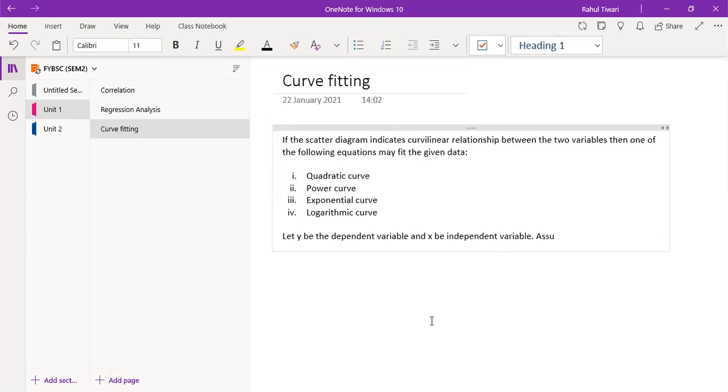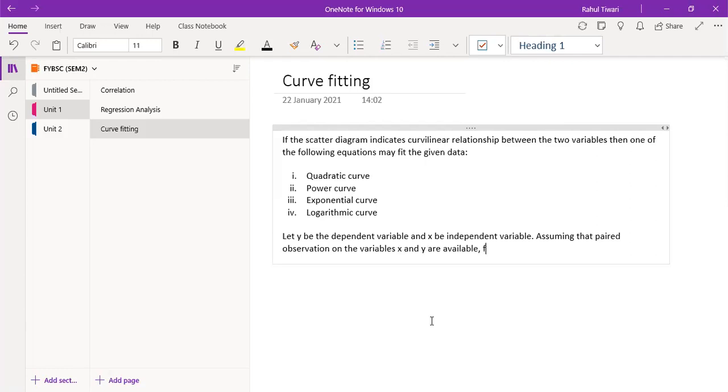But assuming that paired observations on the variables x and y are available. Make sure that you are putting this condition on that.